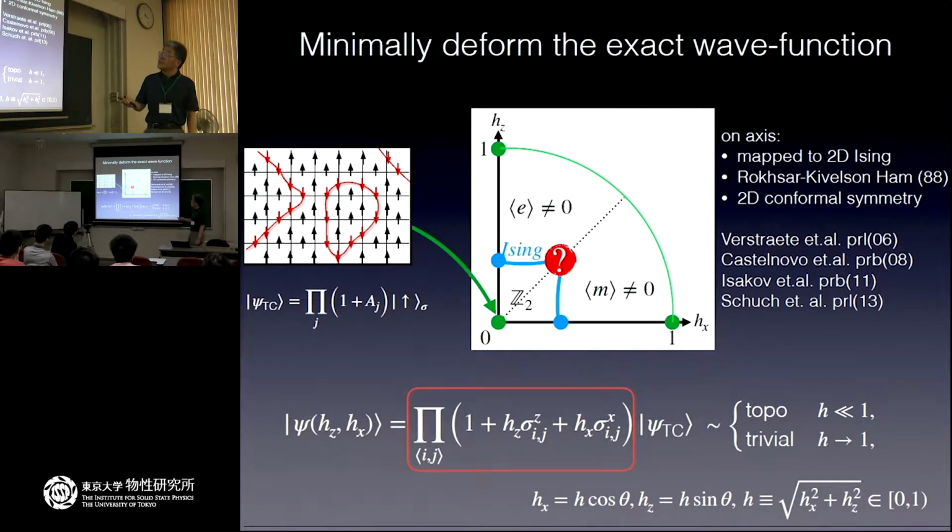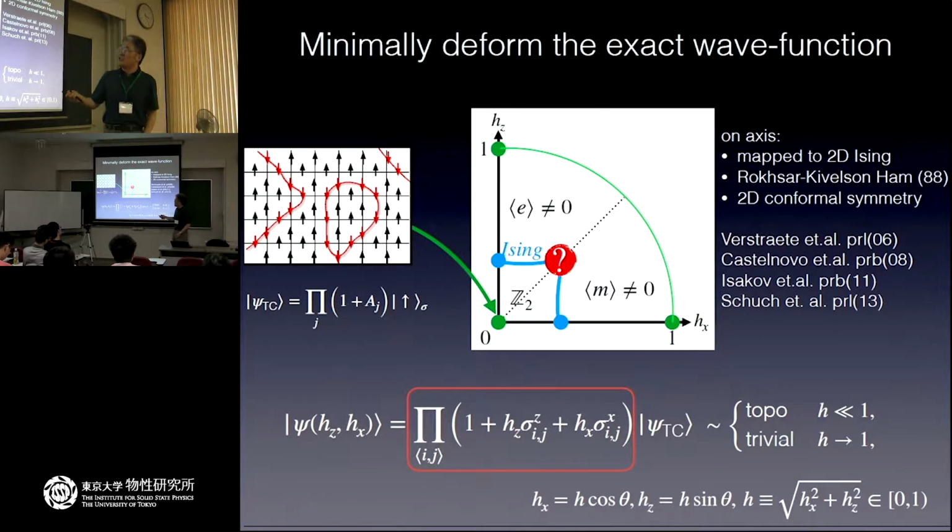So in the phase diagram, the toric code wave function is actually a fixed point wave function, because if you look at local operator correlation functions, you will find the correlation length is zero. So you cannot use this wave function to consider the quantum phase transition.